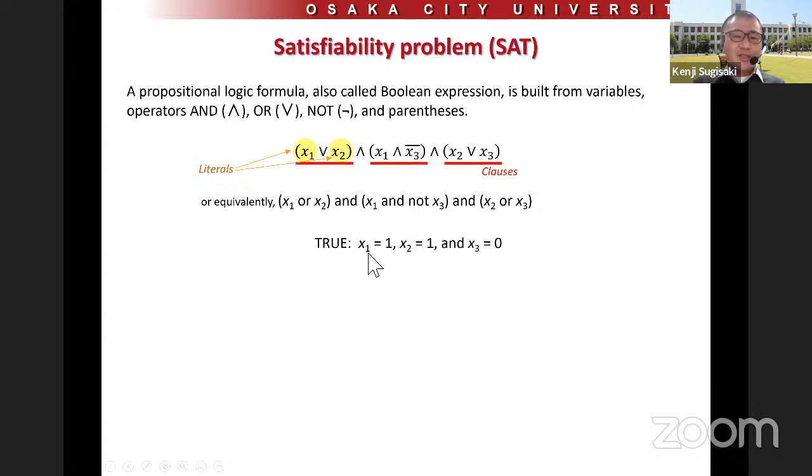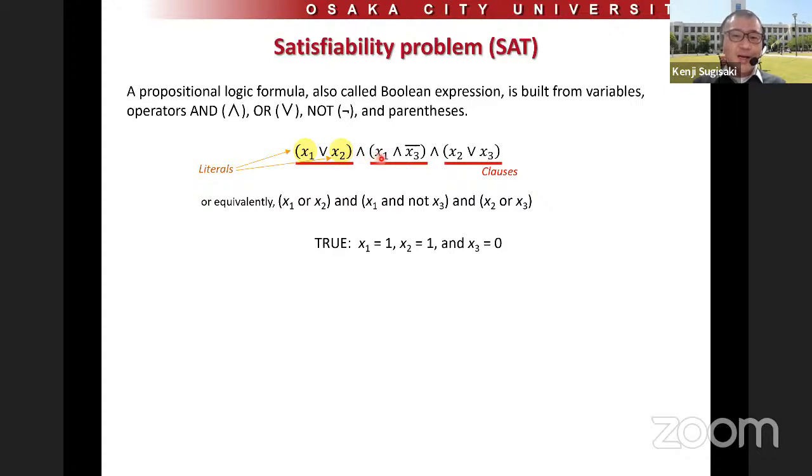For example, in this case, we are thinking about the situation X1 equals 1, X2 equals 1, and X3 equals 0. So X1 or X2 is satisfied because both X1 and X2 are in the 1 state.